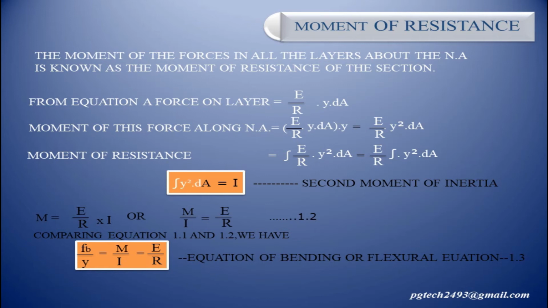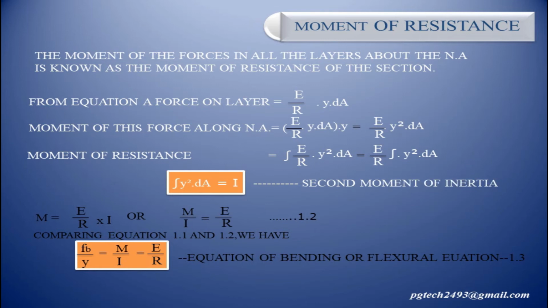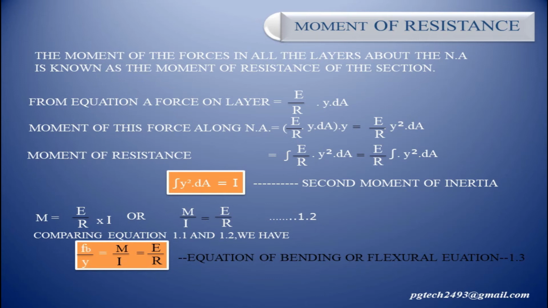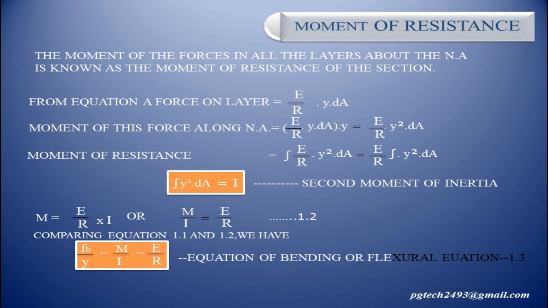Here the integration of y square dA is the second moment of inertia, which can be replaced by I. So now the moment of resistance becomes E by R into I, or M by I is equal to E by R. After comparing equations 1.1 as well as 1.2, we get Fb by y equals M by I equals E by R. This equation is known as the equation of bending or flexural equation.